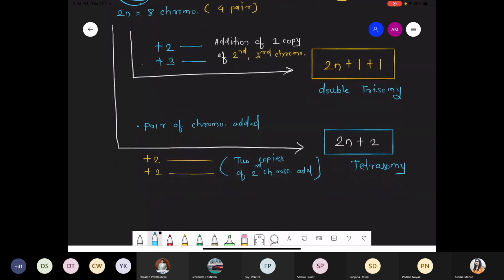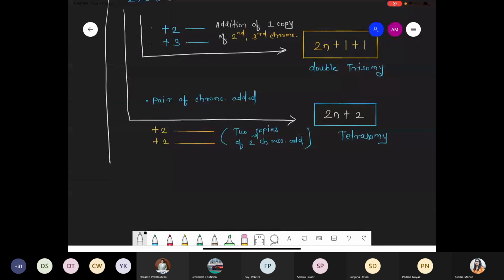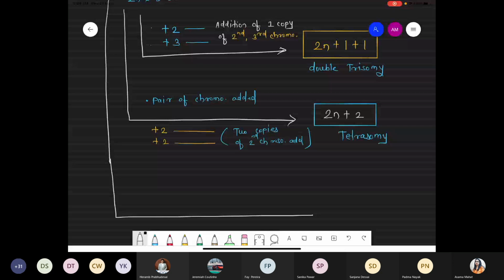And suppose in the last condition, we take the same diagram, and in this condition now a pair of the second and the third chromosome gets added.